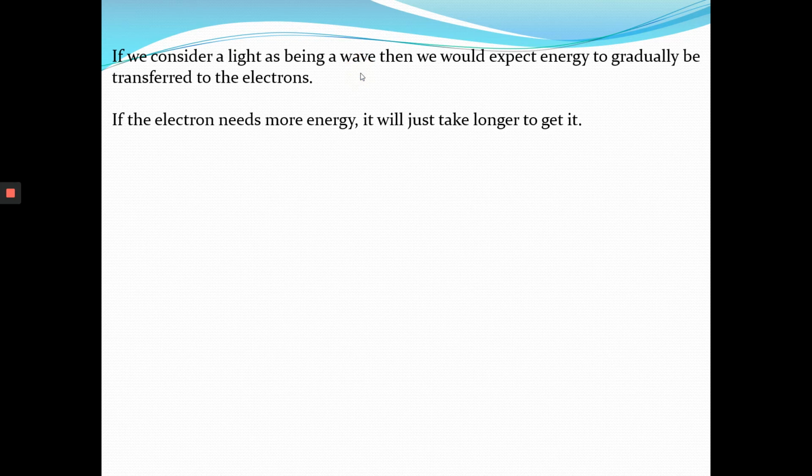So if light was a wave, then we would expect energy to be transferring to the electrons gradually. We would expect the electrons just to be constantly gaining energy if we were shining a light on the atoms. The electrons would be gaining energy gradually, and then if we just waited long enough, the electrons would gain enough energy and jump out and escape the atom.